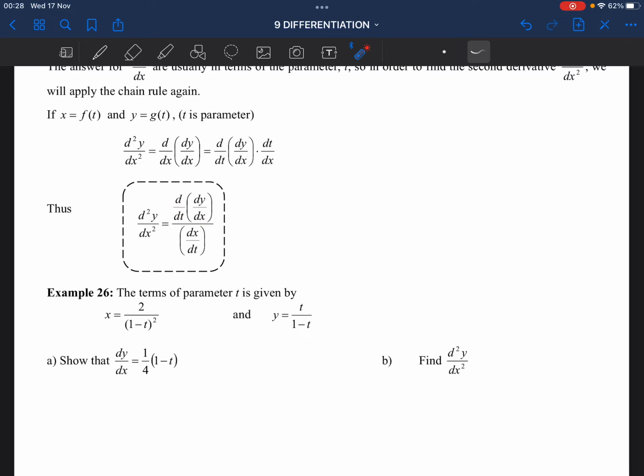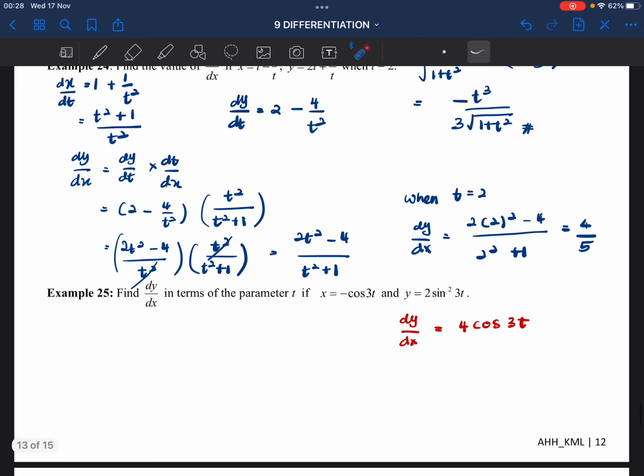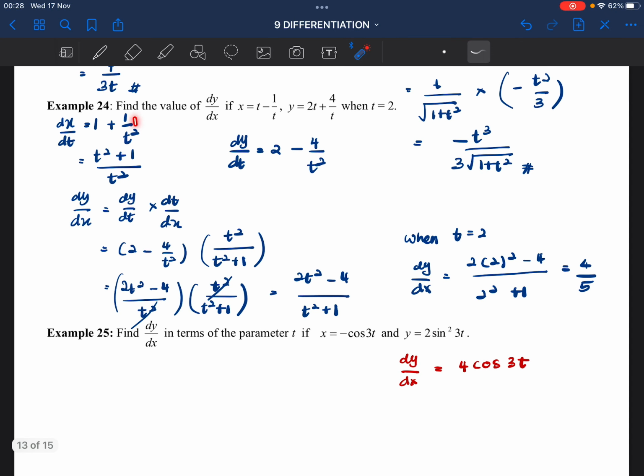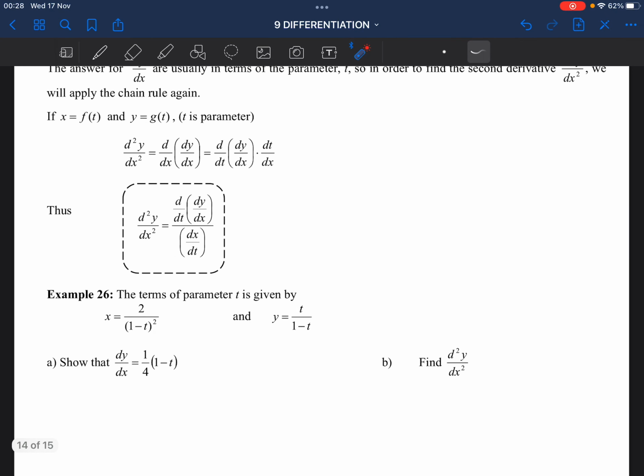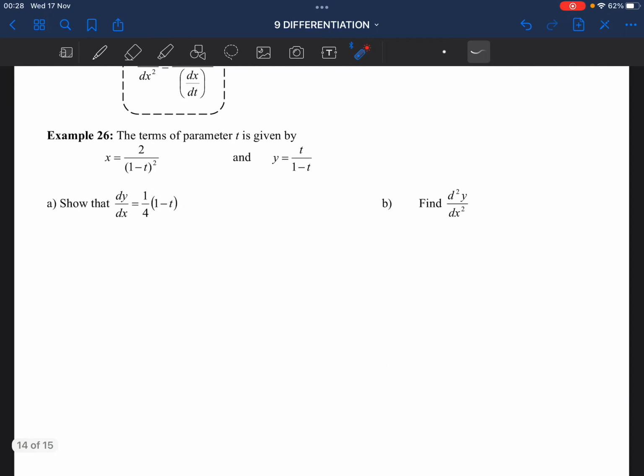Simply differentiate dy over dx. Okay, sorry, I got tongue-tied. The numerator we just simply differentiate dy over dx. The denominator is basically dx over dt, which we have already found here. Okay, this one here.